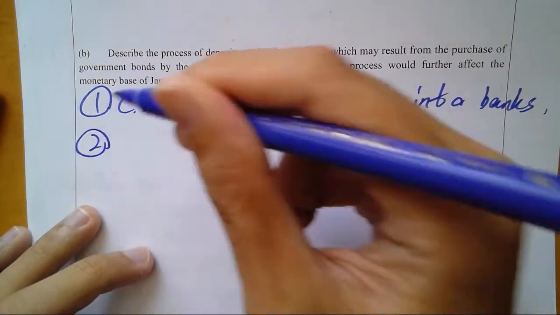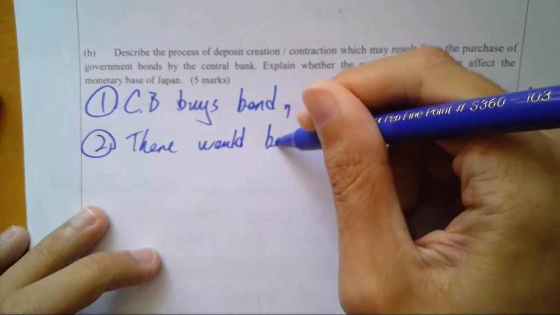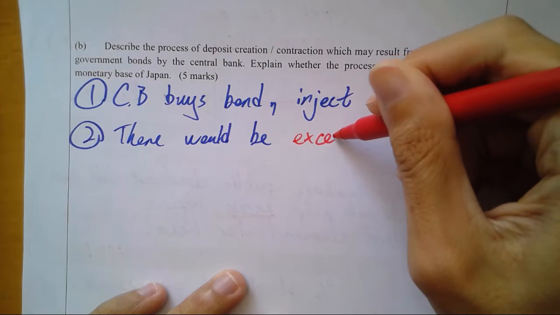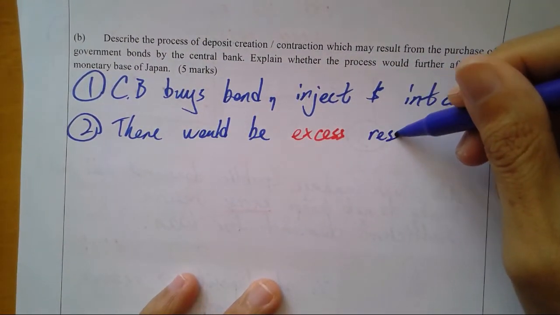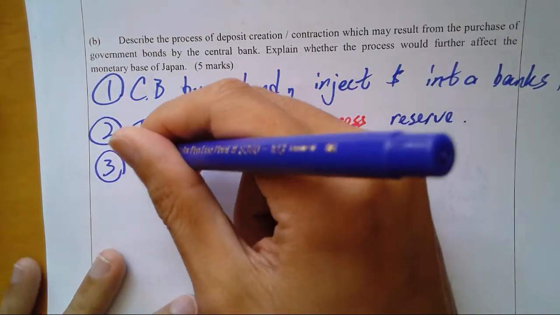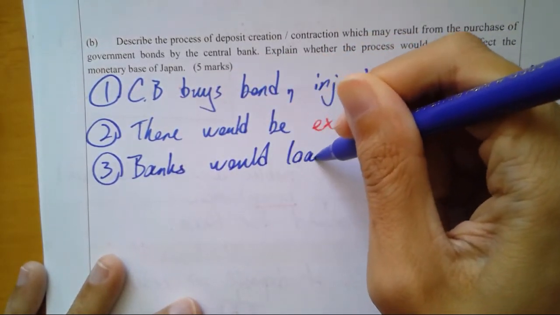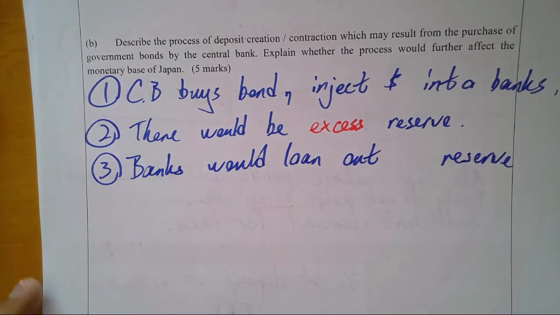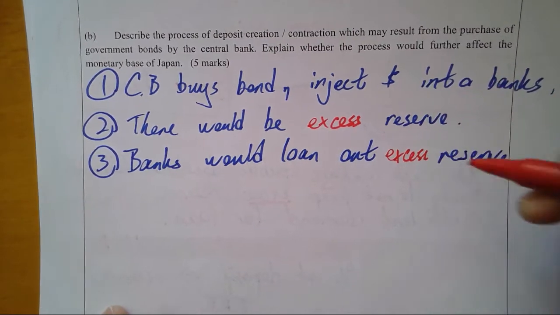Then next step, there would be 嗱好重要嘅字啊 excess reserve. 係嘛？Next one, banks would loan out the excess reserve. 嗱，照舊啊，唔好漏呢個字啊。Will loan out excess reserve.